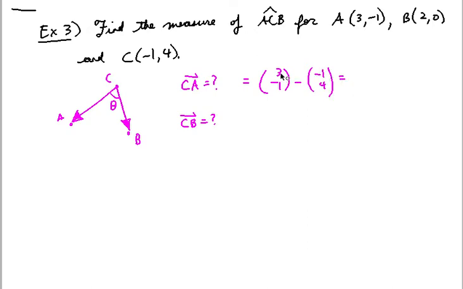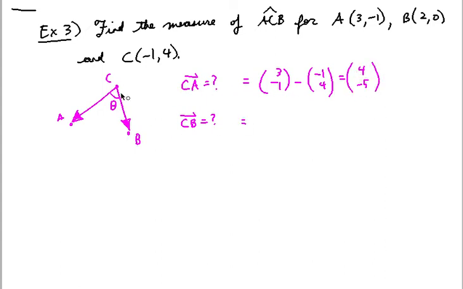Okay, so now I can just go straight across applying subtraction. So I do 3 minus negative 1, which would be 4, and minus 1 minus 4, which would be minus 5, and so that is my vector CA.